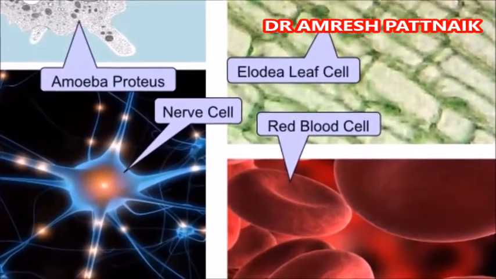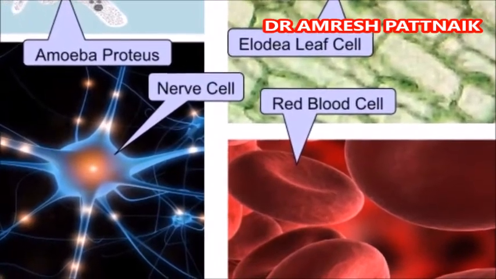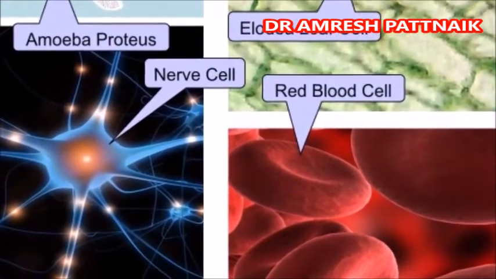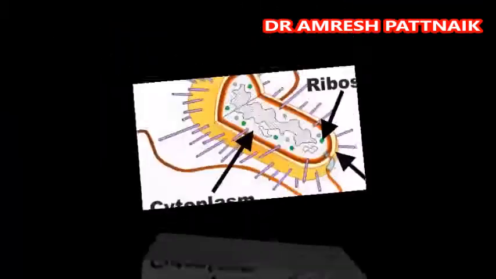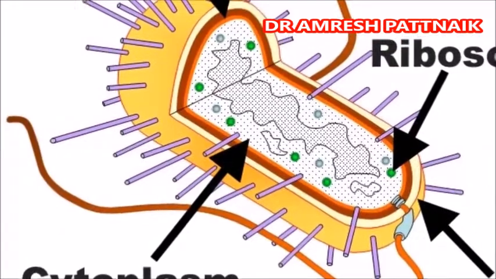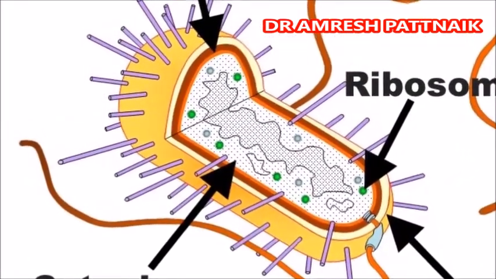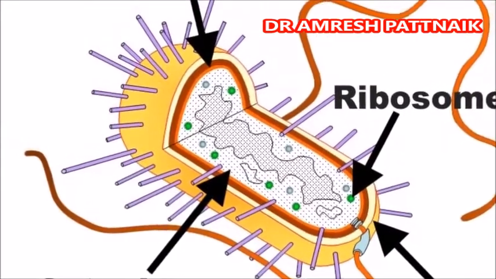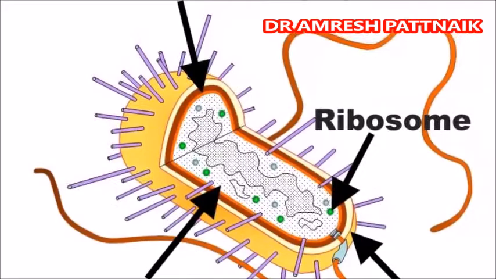All these are different varieties of unicellular and multicellular cells. The nerve cell is the longest cell in our body. Here we can find the ribosome, cytoplasm and the cell organelles.